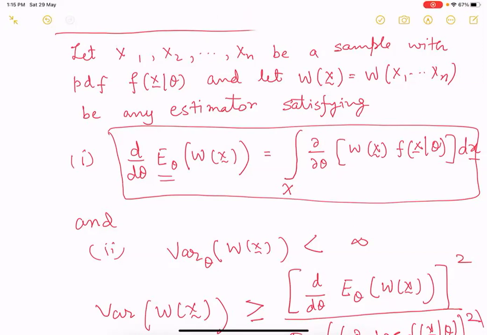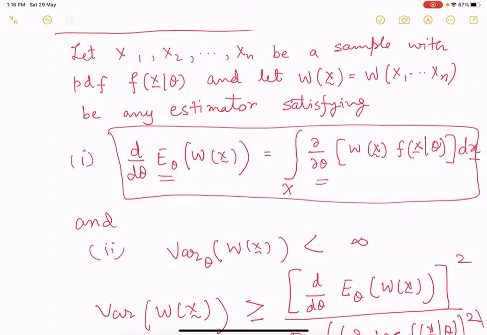Are you with me on this? Yes, sir. Okay. Here, basically, the differentiation is after integration, and here you're taking differentiation before integration, and that too will match.